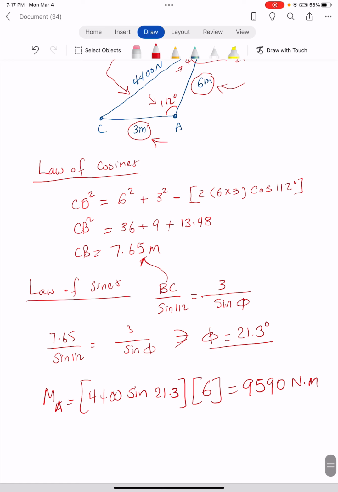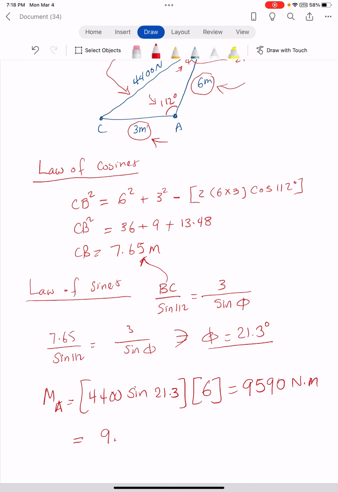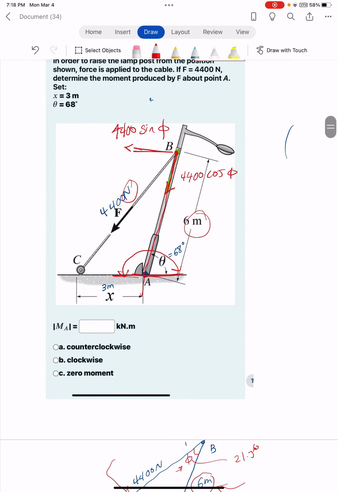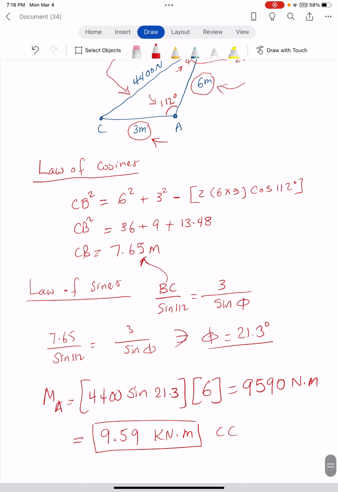We could divide it by 1,000 to make the moment at A 9.59 kilonewton meter. And you could see that this force will produce a moment around point A counterclockwise. So this is going to be counterclockwise. Thank you.